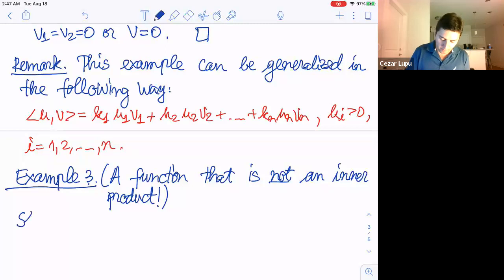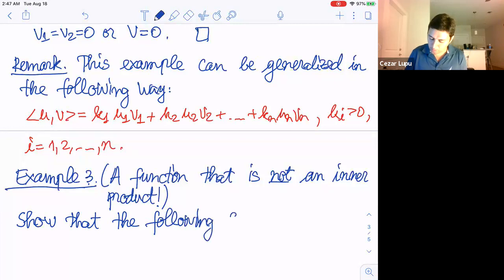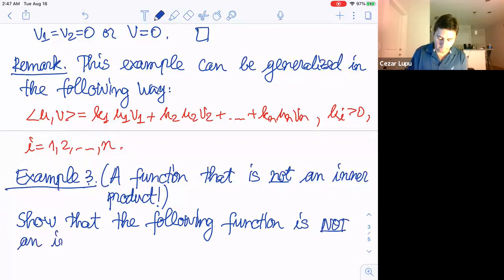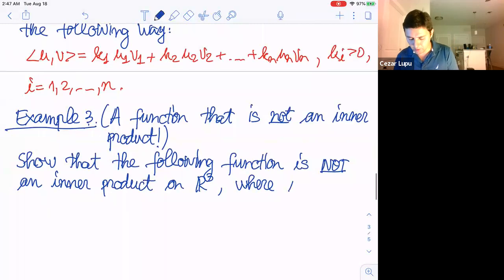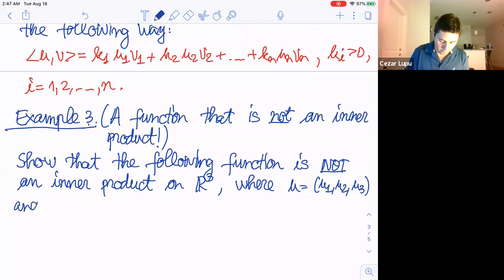In fact, we'll show that, let's state it directly, show that the following function is not an inner product on R3, where, and let's define these vectors, u is u1, u2, u3, and v is v1, v2, v3.